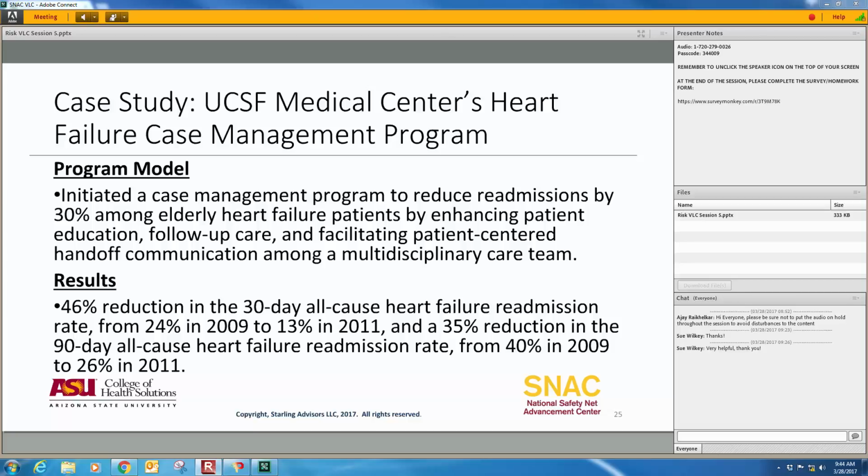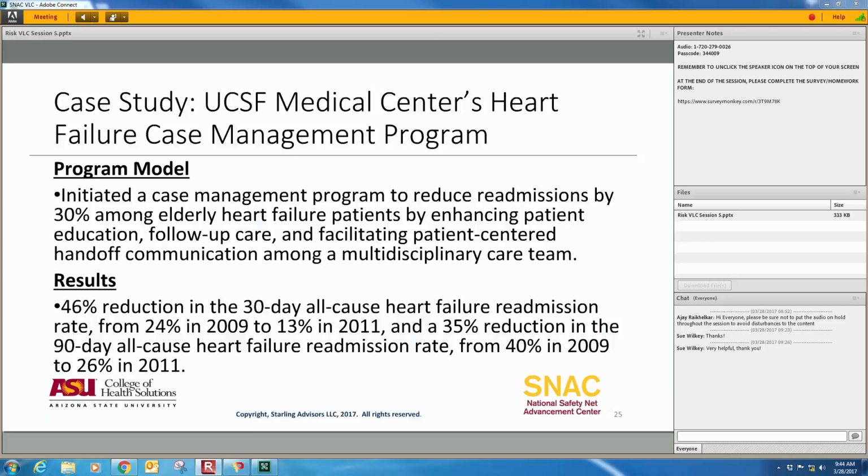And this data is a little bit old, but I think it's still important, in terms of the study that they did in looking at this program, is that they had a 46% reduction in the 30-day all-cause heart failure readmission, which is a significant drop from where they had been previously at 24%, 35% reduction in the 90-day all-cause, and then 40%.